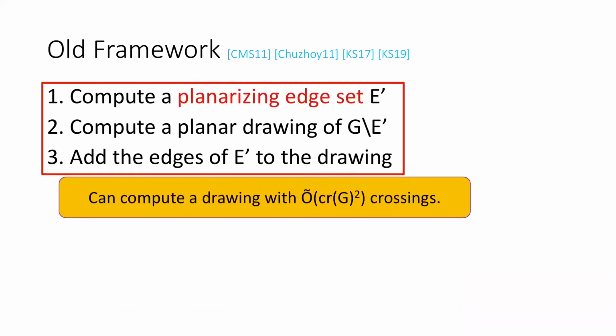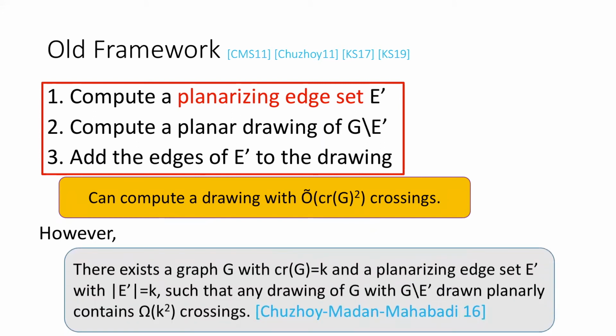So, however, it turns out that this is the best approximation that this framework can give us. So as shown by Chuzhoy, Madan, and Mahabadi, for each integer k, there exists a graph G whose crossing number is k and contains a planarizing edge set E prime whose size is also k, such that any drawing of G that induces a planar drawing of G minus E prime has to contain at least k squared crossings.